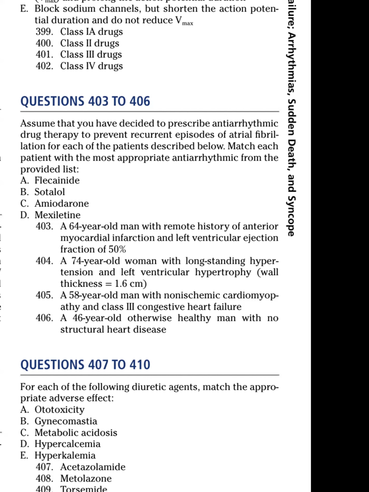A 74-year-old man with long-standing hypertension and left ventricular hypertrophy with wall thickness of 1.6 cm. With what Dr. Alagbe has read, I would have gone for option C, but please, we need more comments and contributions. Thank you.